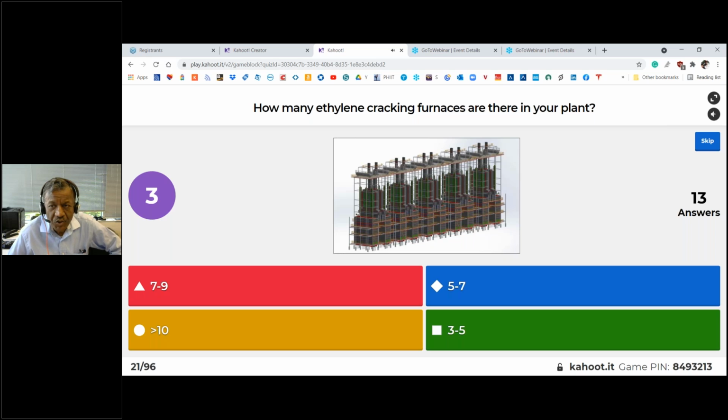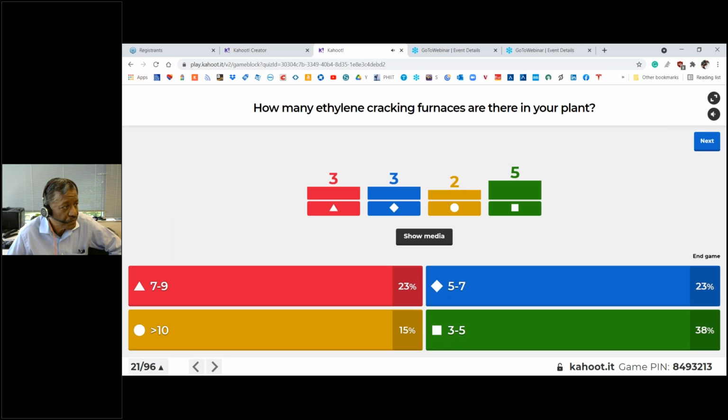On an average, about 8 to 10 ethylene cracking furnaces are there. So we have a wide range actually. Anywhere you can see it's uniformly split. I mean 3 to 5 is there and the rest is almost evenly split. So we have the whole range of ethylene furnaces in our chemical plants.